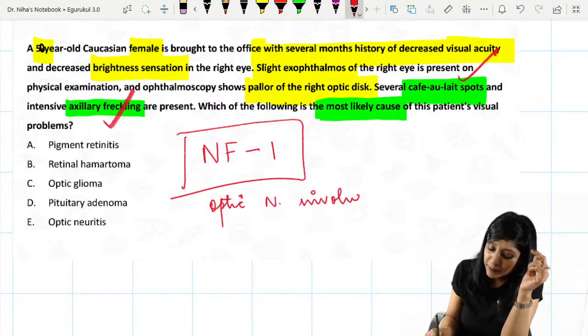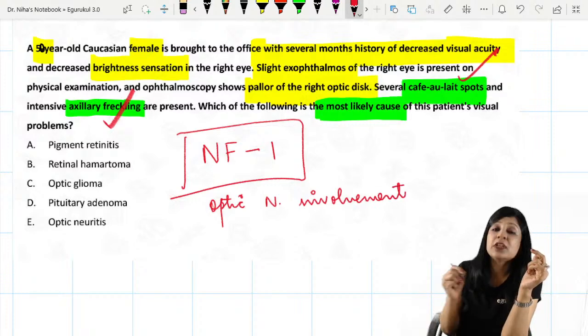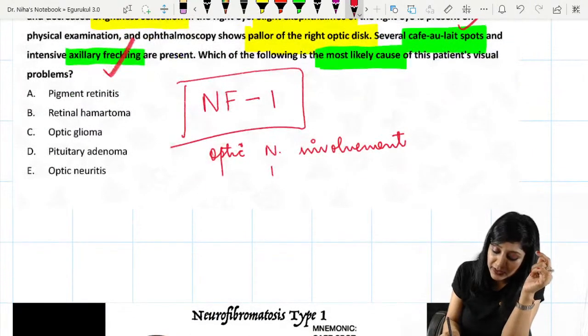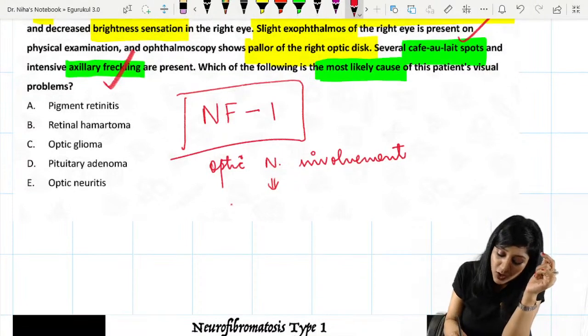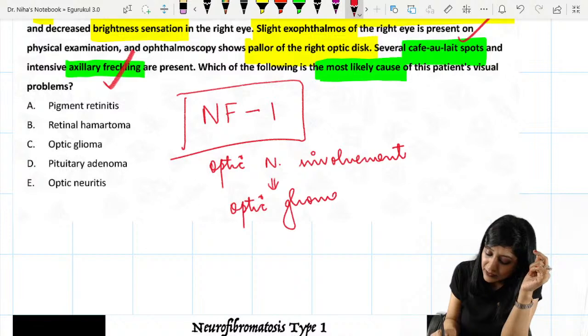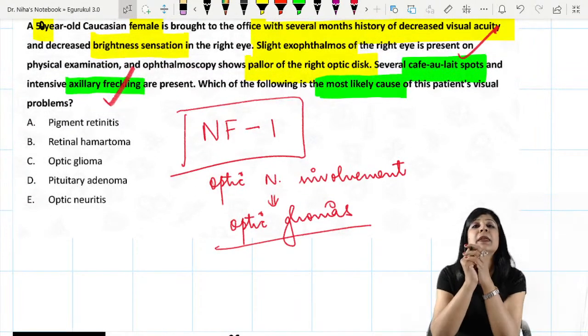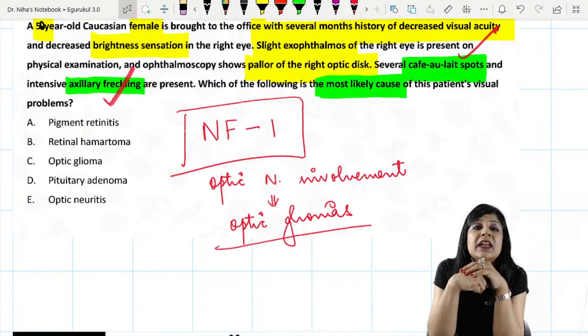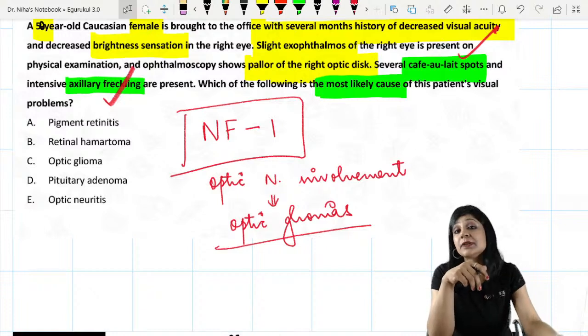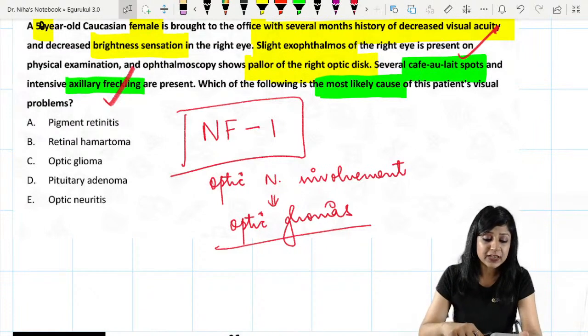In neurofibromatosis 1, we can have optic nerve involvement in the form of optic gliomas. What is the percentage of people who can have optic gliomas in cases of neurofibromatosis? Can you tell me the percentage?